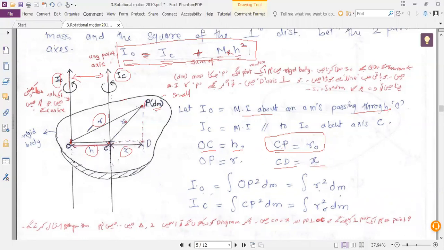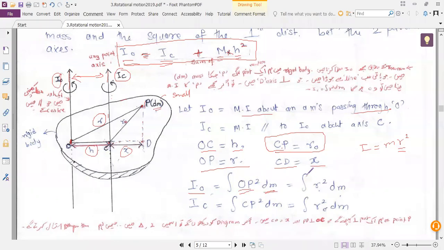Now we know that OP is nothing but r, I hope you understand this diagram part. Now we know the formula. The inertia formula is always represented by distance and mass. So for IO, the distance is r and the mass is dm. The formula of inertia is m r square, so we take the distance squared: OP square dm.